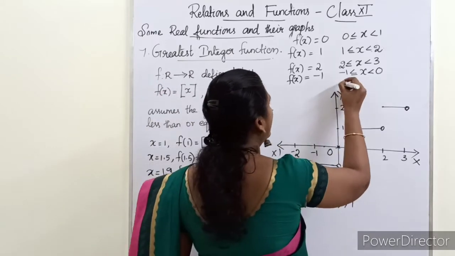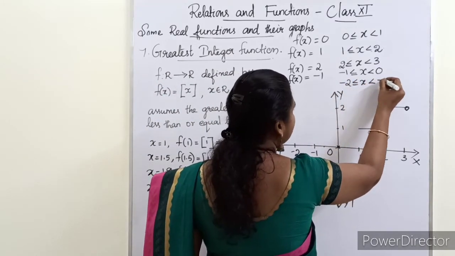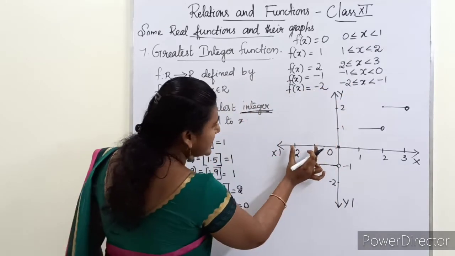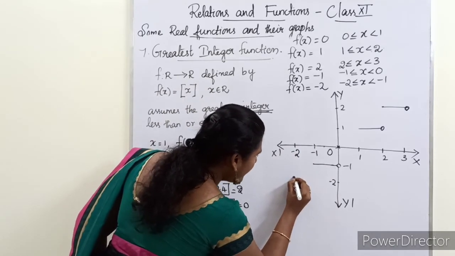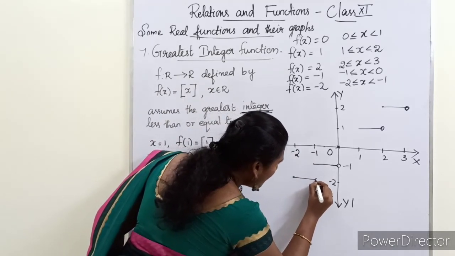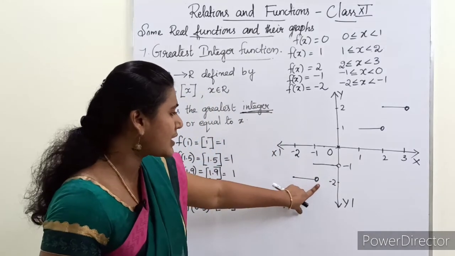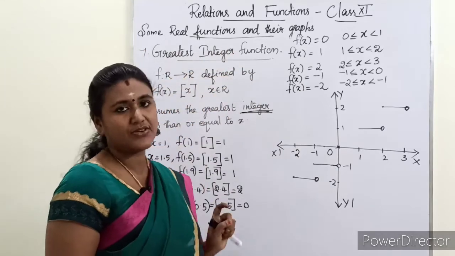Suppose you take a number with minus 2 less than or equal to x less than minus 1, then f of x will be minus 2. From minus 2 to minus 1, but minus 1 will not come here. So this is the graph of the greatest integer function.